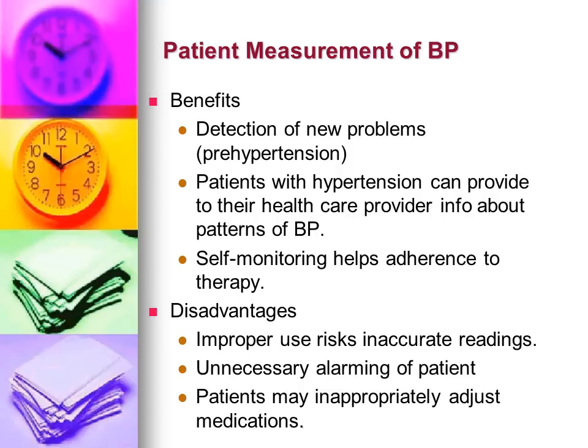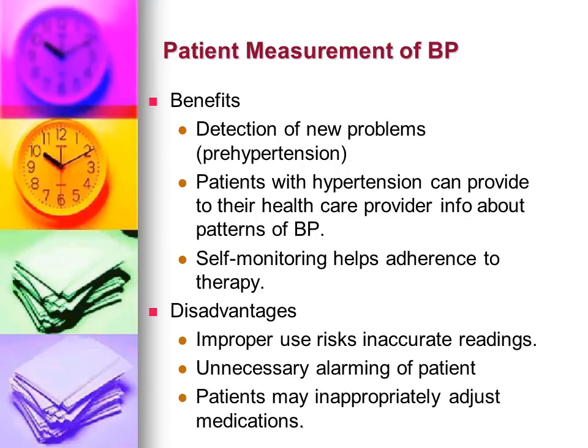So, benefits of your patient measuring their own blood pressure: detection of new problems. Patients with hypertension can provide their healthcare provider info about the patterns. Self-monitoring helps them to adhere to the therapy. Some of the disadvantages would be improper use, risk of inaccurate readings, unnecessary alarming of the patient, especially if they read the blood pressure inaccurately and it's really high.